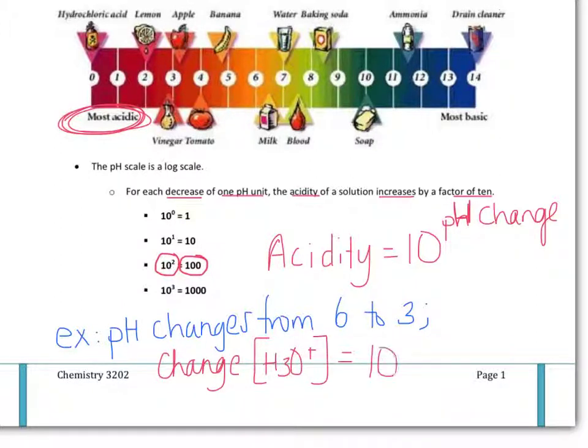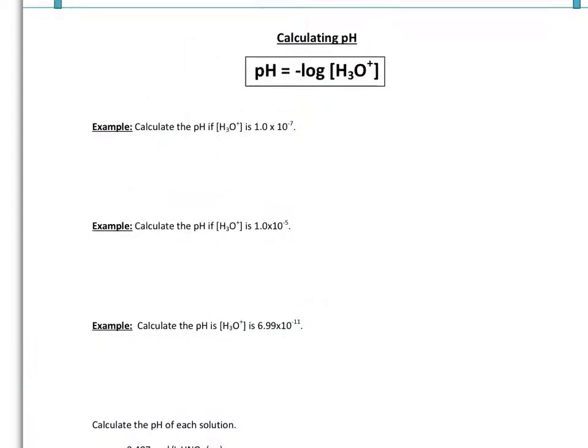That would be equal to 10 to the, well, how many pH changes do we have? We had 3, so it would change by 1,000. Make sure you know this as it pops up a lot as a multiple choice question.